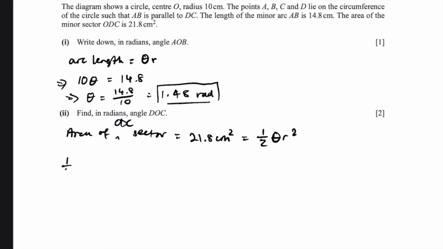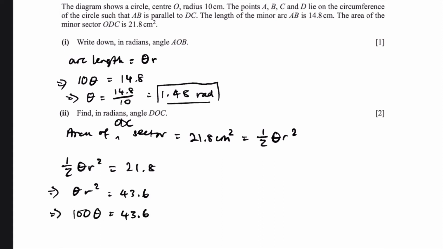So half theta r squared is equal to 21.8. So theta r squared is equal to 43.6. So 100 theta is equal to 43.6. So theta is equal to 43.6 over 100, which is equal to 0.436 or 0.44 radians.